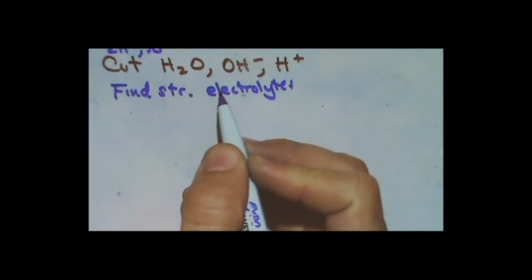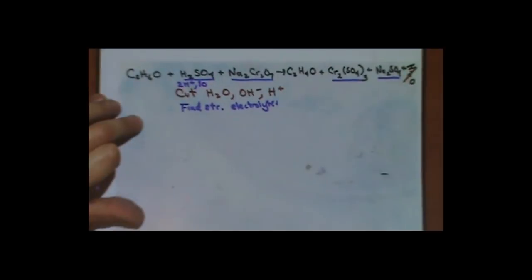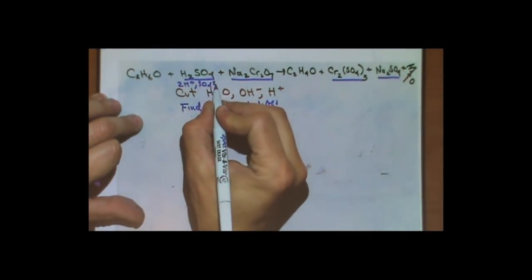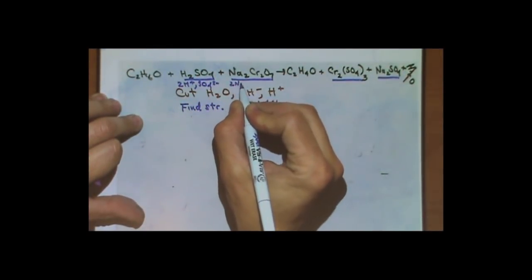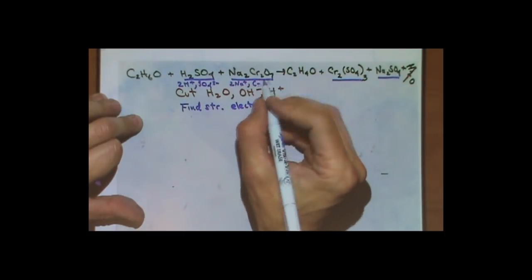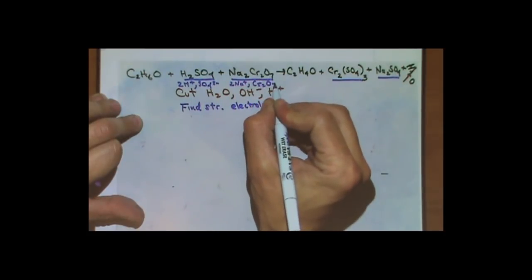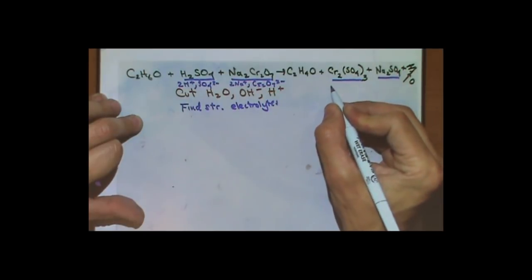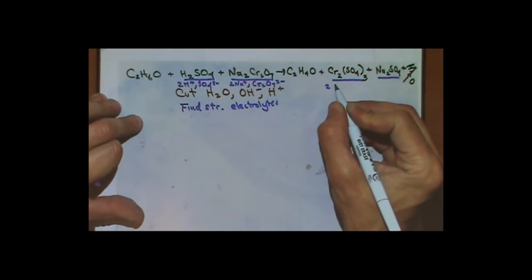So next, I'm going to write those out separately. I'll zoom out. By definition, a strong electrolyte separates out in solution. So I'm going to write the ions out all separately.